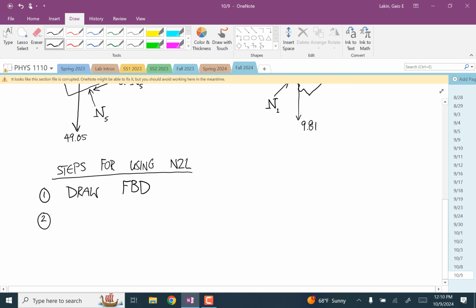The second step is to determine the axis that the thing can move along.